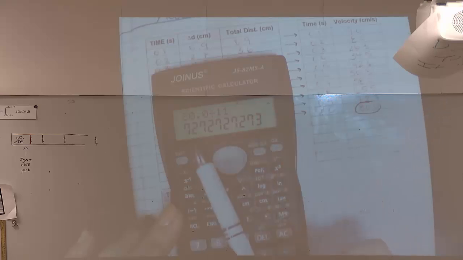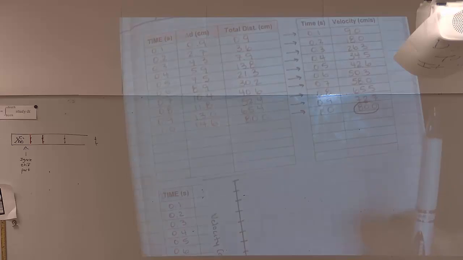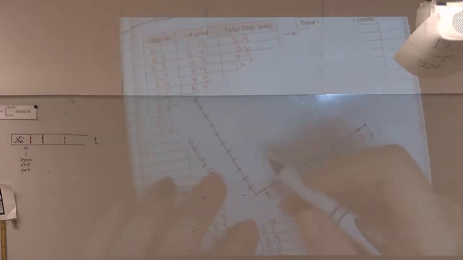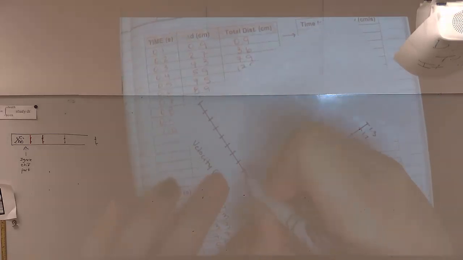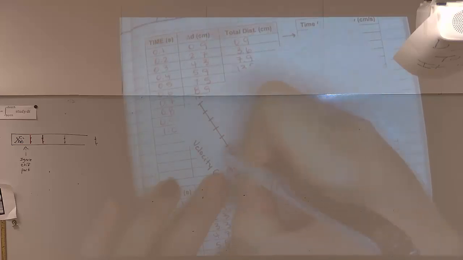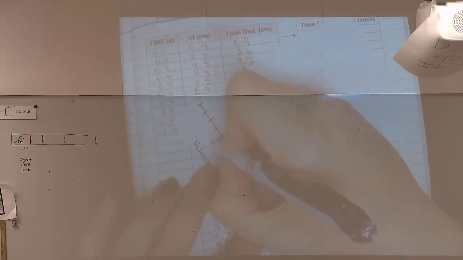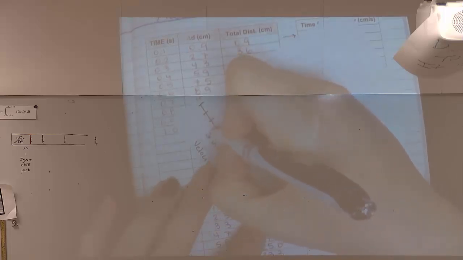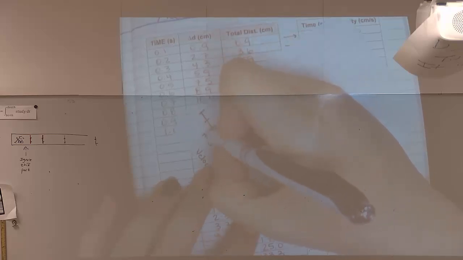So remember, we always round up when you're scaling the graph, so I'm going to round this up to 8. And on my y-axis here, I'm going to count by 8. So 8, 16, 24, 48, 56, 64, 72, 80.